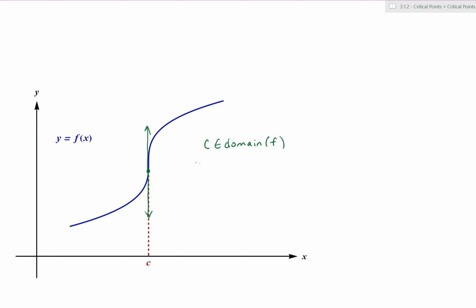And for that reason, f prime of c is undefined, and moreover, we get that x equals c is a critical point of, in this case, type 2, right? Because we have an undefined derivative where c is in the domain. And notice that at this location, (c, f(c)), we again do not have a local extreme point.